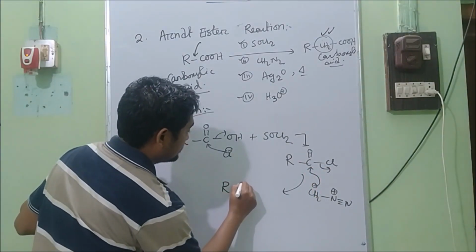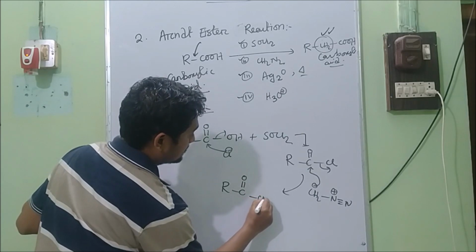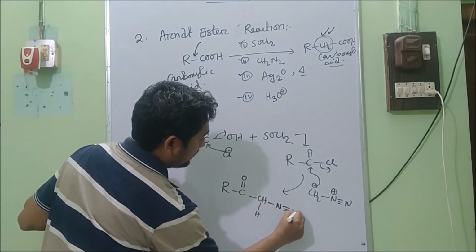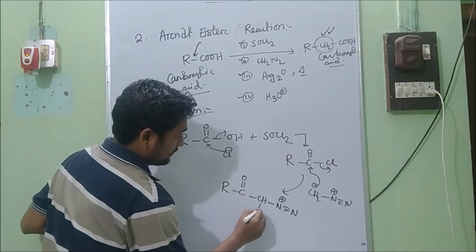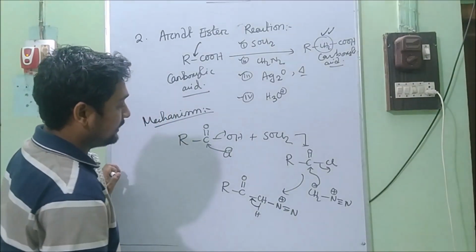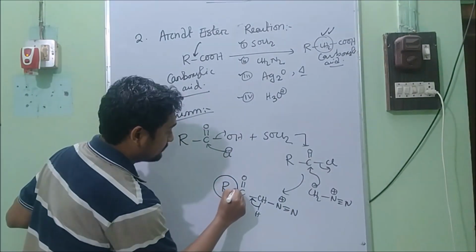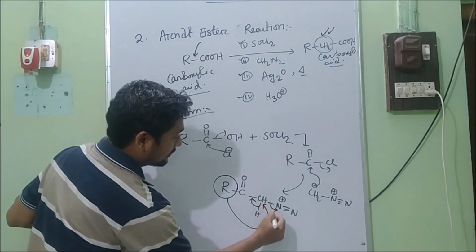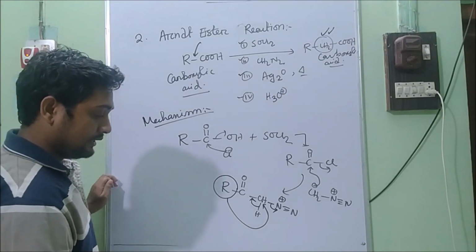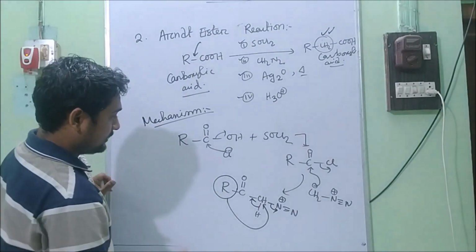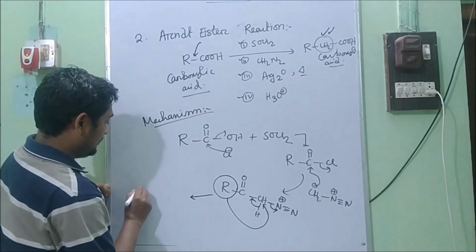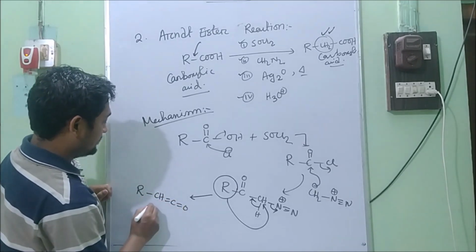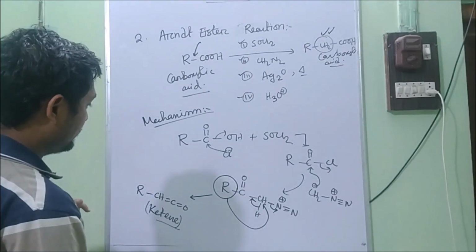So you will have C double bond O, CH, N triple bond N positive. Now this hydrogen will come here, and this R will shift onto this carbon, and N2 gas will go out from the structure. Then what we have is R CH double bond C double bond O. This is called a ketene compound.